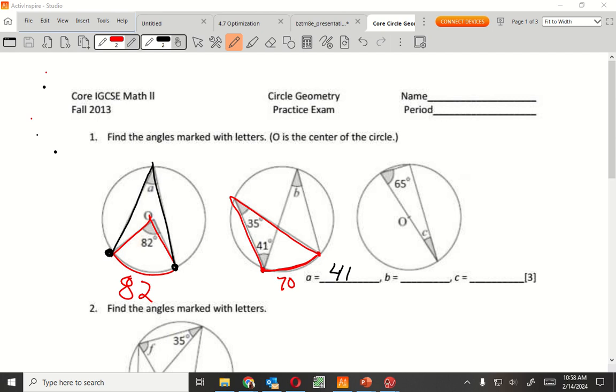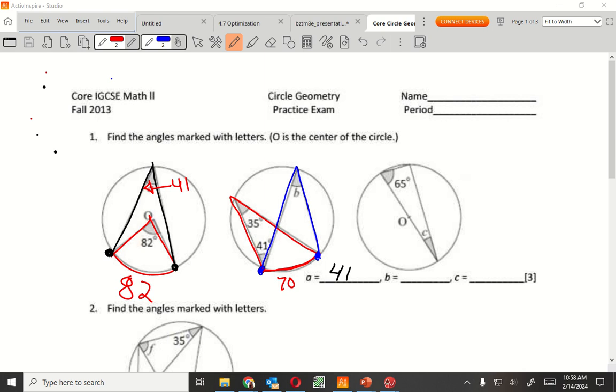Just like over here, I have 82, and this one over here, we said was 41. Now, I'm not looking for that piece, but I need that information for my next part. My endpoints are here and here for angle B. What type of angle is angle B?